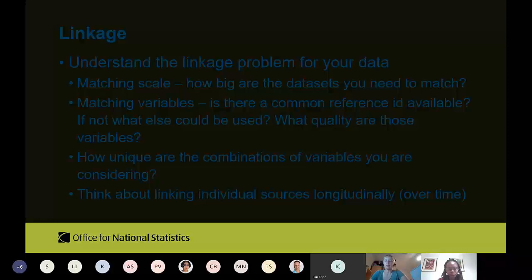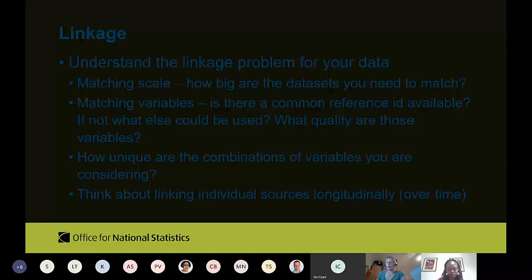And also thinking about linking individual sources longitudinally over time, which I know in the UK we can do using a unique ID on our patient register and also on our tax and benefits data, and that can be quite powerful as well in terms of what it can tell you.